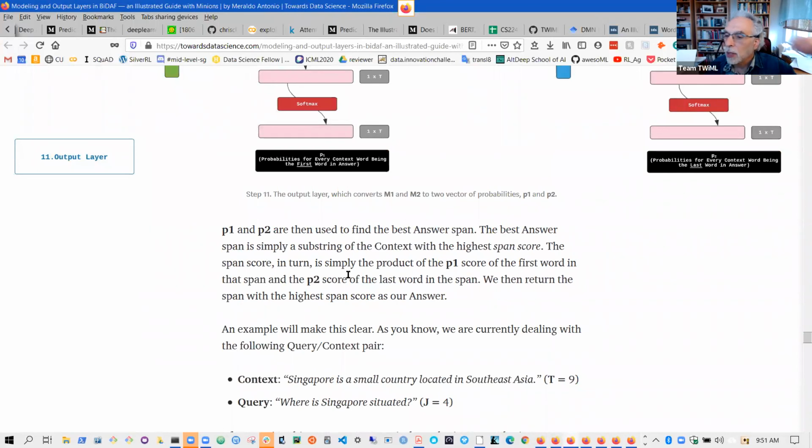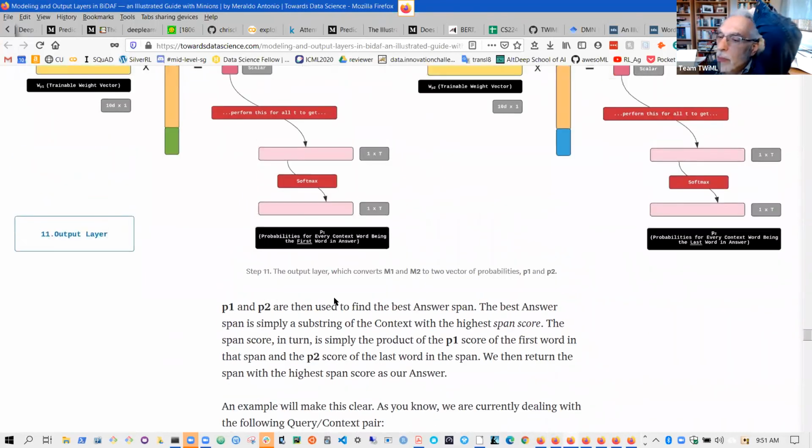Okay, that makes sense. So the product of P1 and P2, the probability of the start word and the end word for each span, is calculated, and then they extract the span with the highest product.